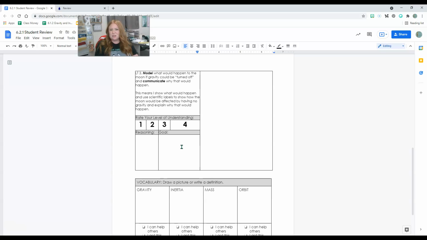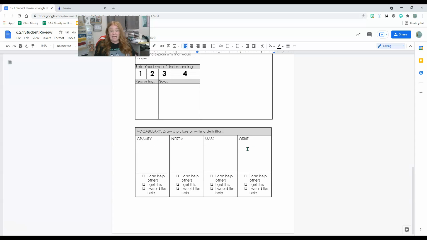You can't just say, well, that's inertia. They'll say, well, what is that? You have to say, well, inertia is, and tell them about it. So as you're writing this, it's like you're teaching this to someone. Explain, explain, explain. So go ahead, and what is your goal to do the best that you can?